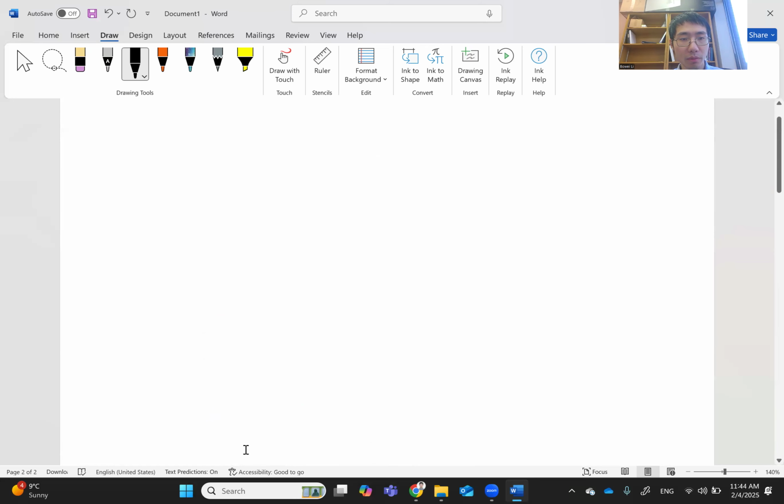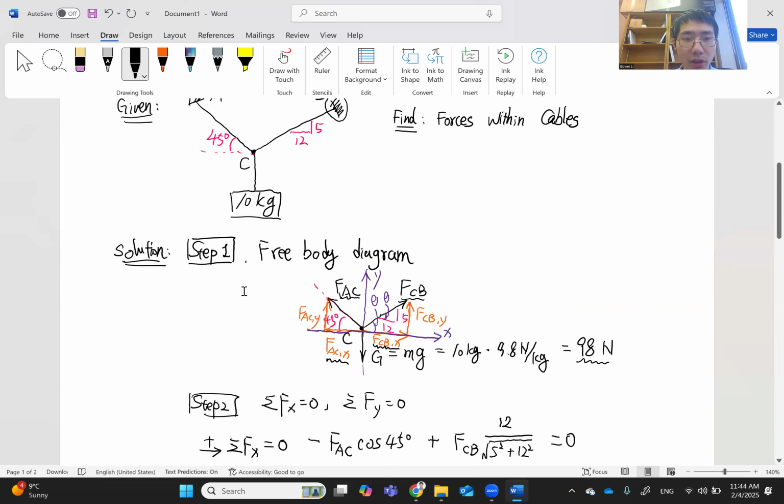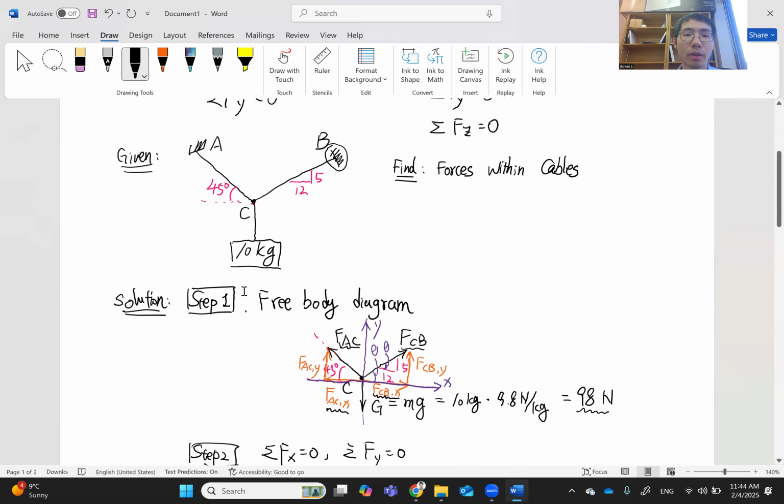Sometimes you are also required to analyze machine systems as well. For example, sometimes we will also be involved in analyzing pulley systems here.